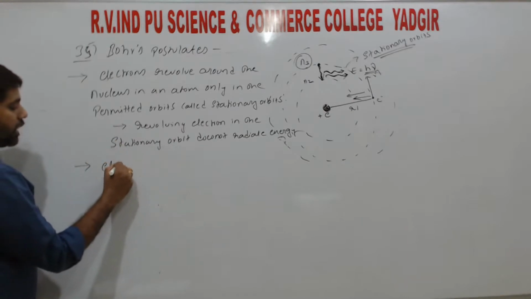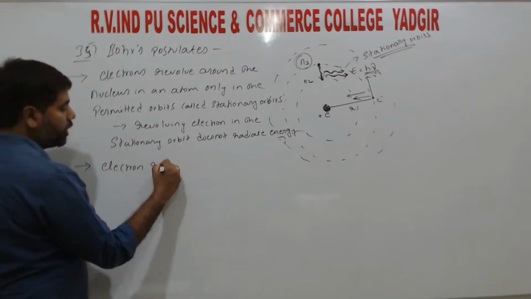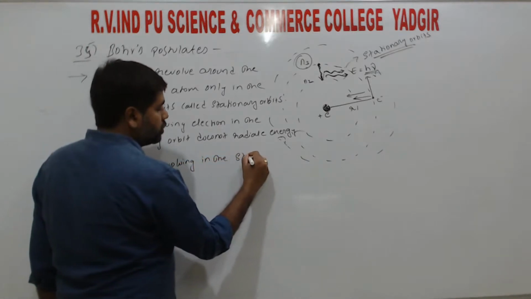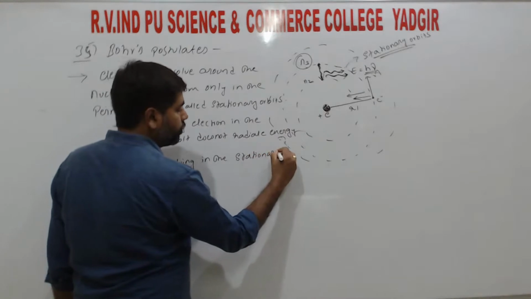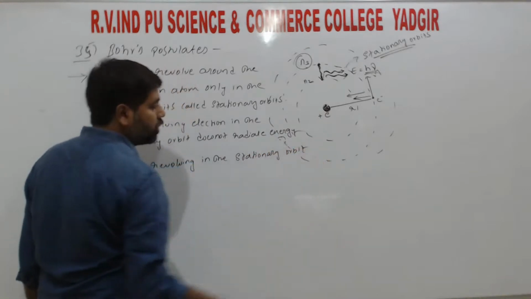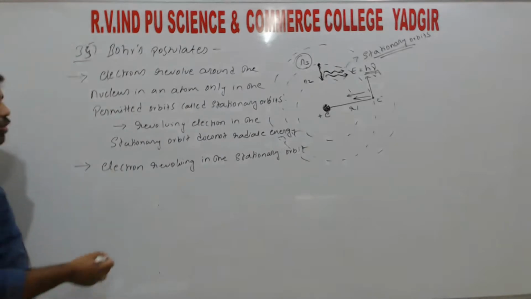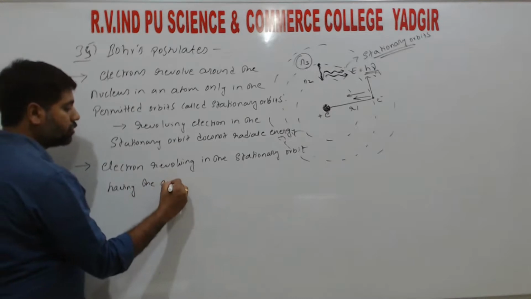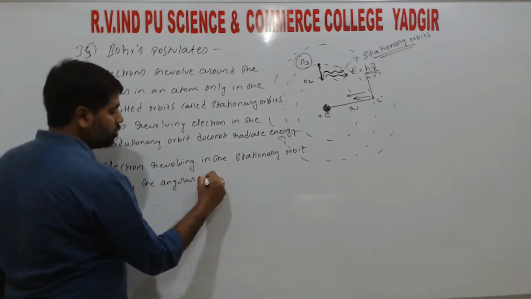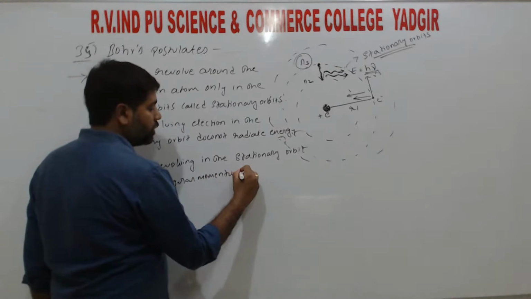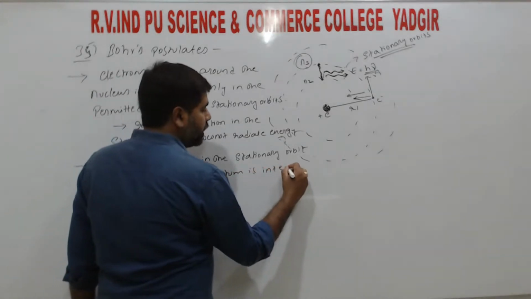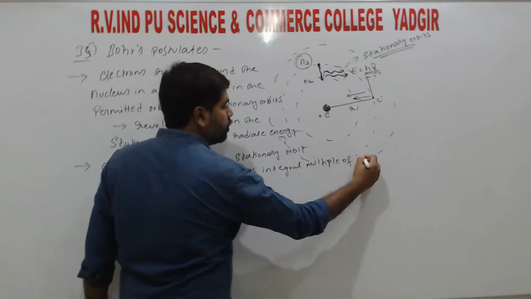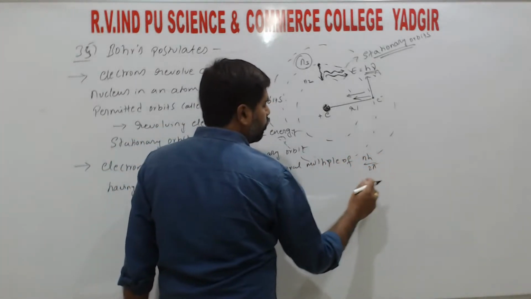Next, the electron revolving in the stationary orbit has angular momentum that is an integral multiple of nh by 2 pi.